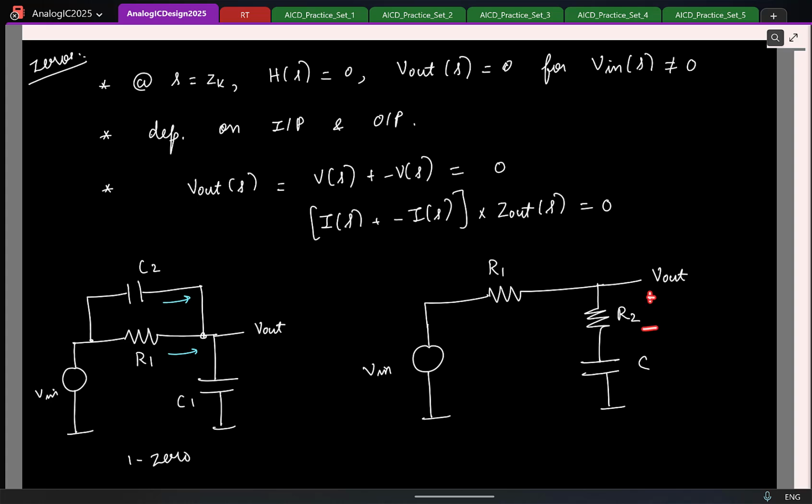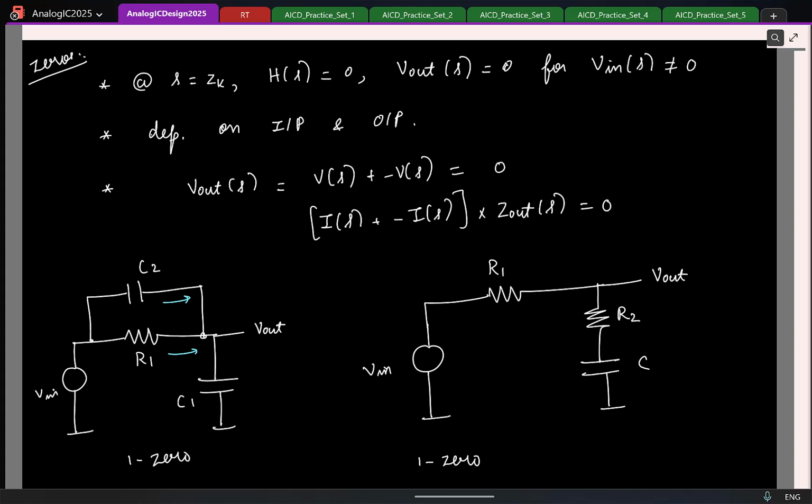I have the voltage across the resistor plus the voltage across the capacitor. Since it's a capacitor voltage, that will have a different dependence on s. So here you can have a 0. We'll see the 0 indeed.